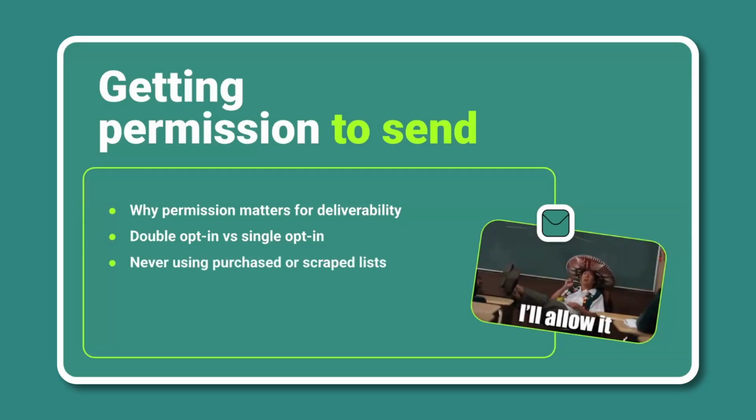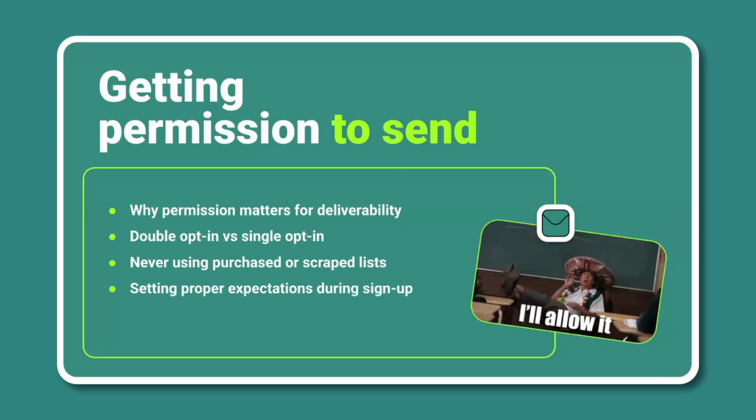Another very, very important part here is to never ever use purchased, scraped, rented, or any other kind of third party list that can only damage your sender reputation. Nothing good will come out of this, I can assure you.